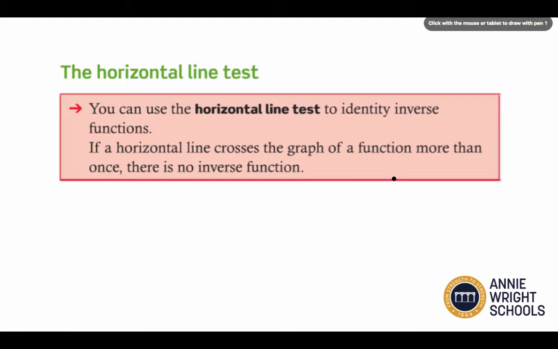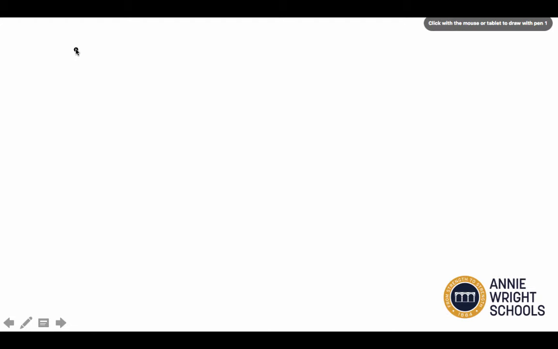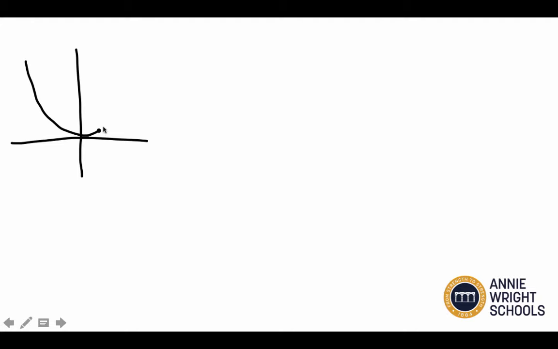Now, another important idea is this horizontal line test. So remember the vertical line test. We knew something was a function if it passed the vertical line test. So this is a function, and this is not a function.